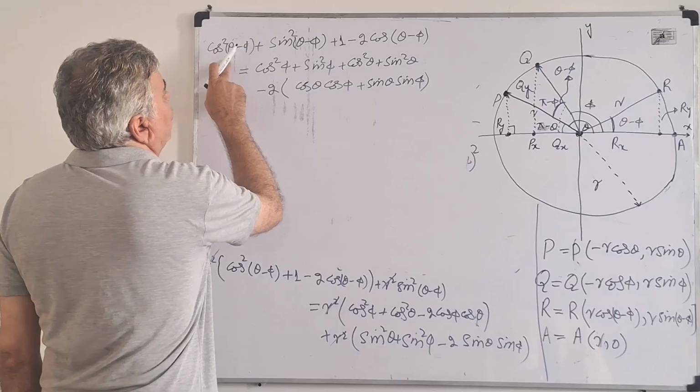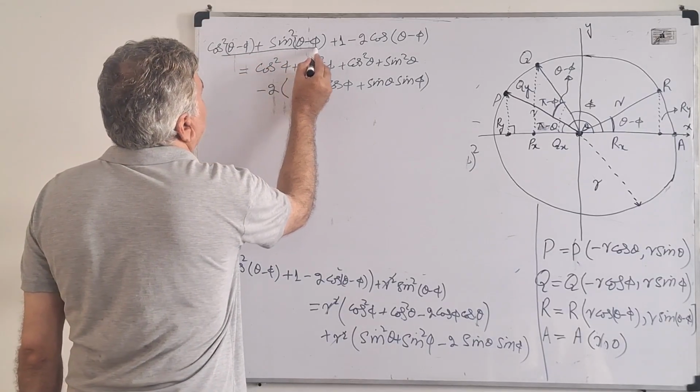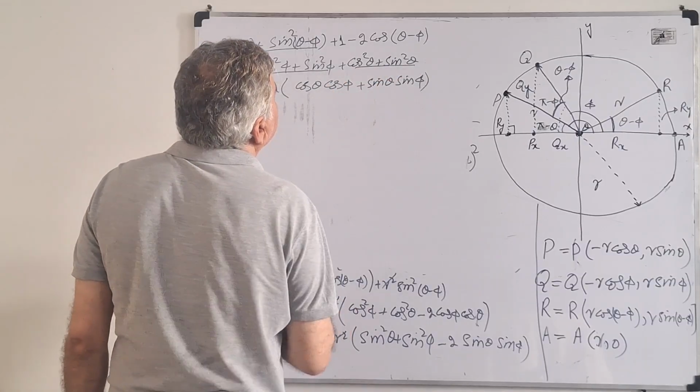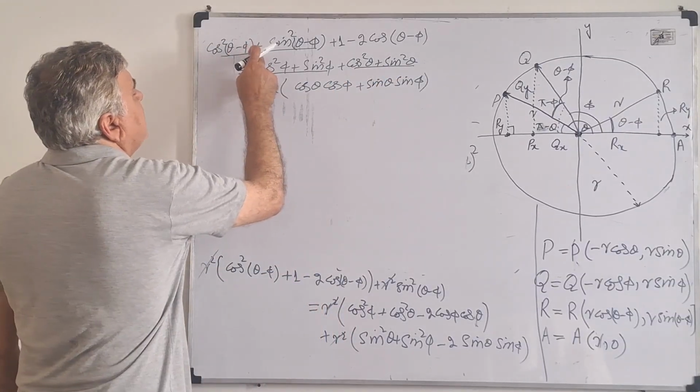Okay, using the Pythagorean trigonometric identity, this thing is 1, this thing is 1, this thing is 1.